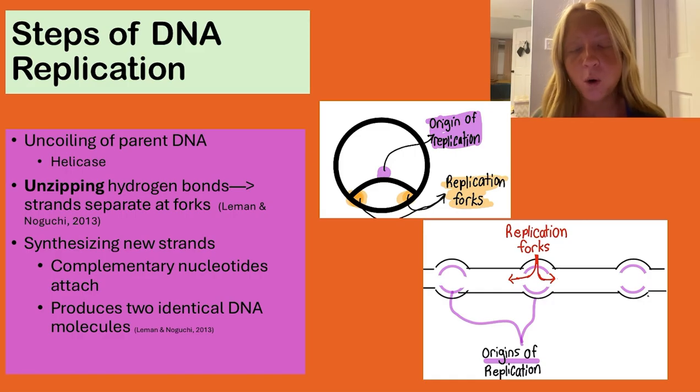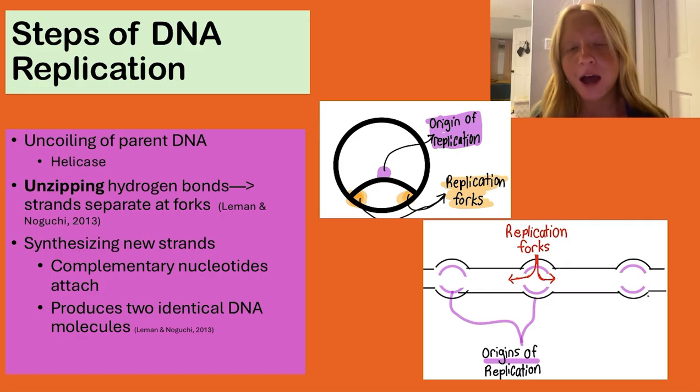There are many origins of replication. And this means, if there's like 100 origins of replication, there's 200 replication forks. The unwinding occurs at the replication origins, and the helix will uncoil because of helicase, which is an enzyme.